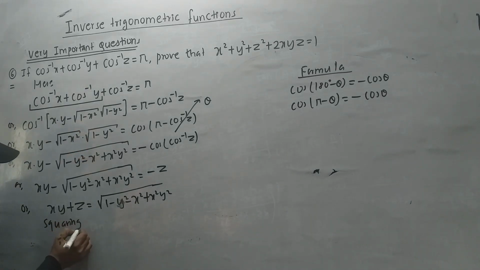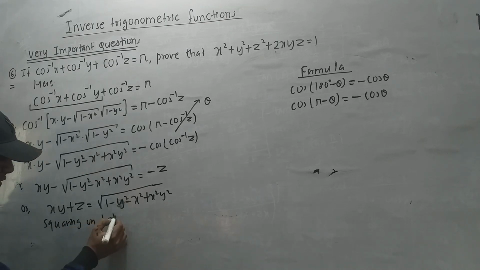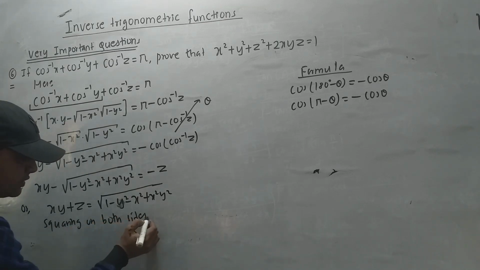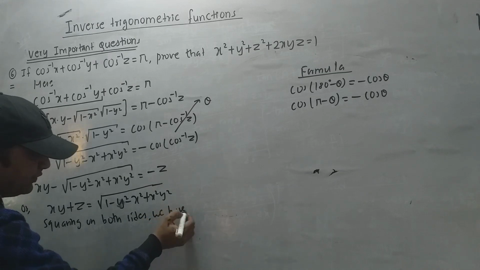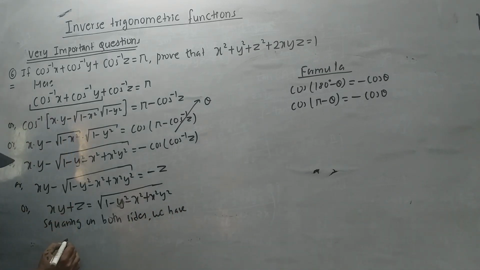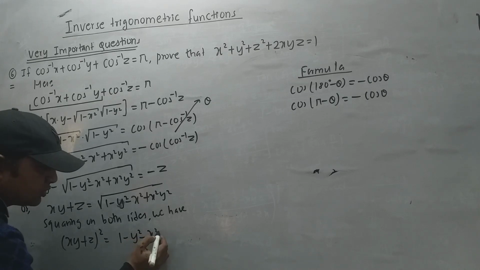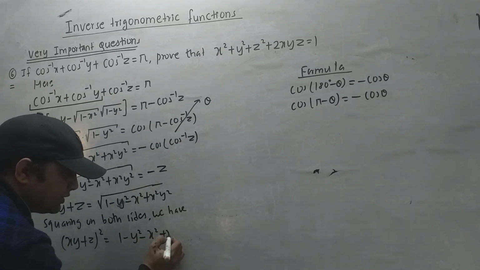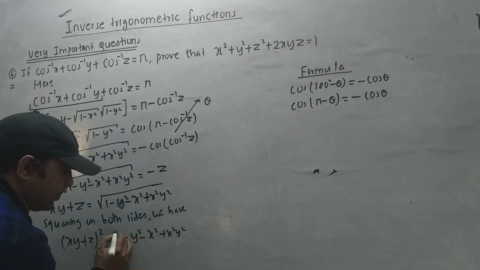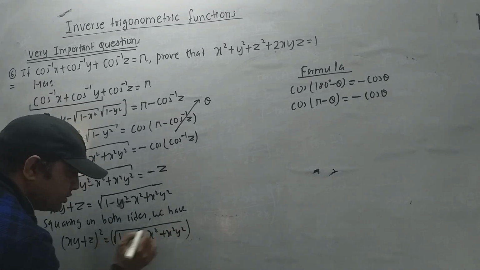No need to show, just write the narration here: squaring on both sides we have. If we do squaring on both sides, it will be xy plus z whole square. This square root will now be removed here: 1 minus x square minus y square plus x square y square, whole under root whole square.